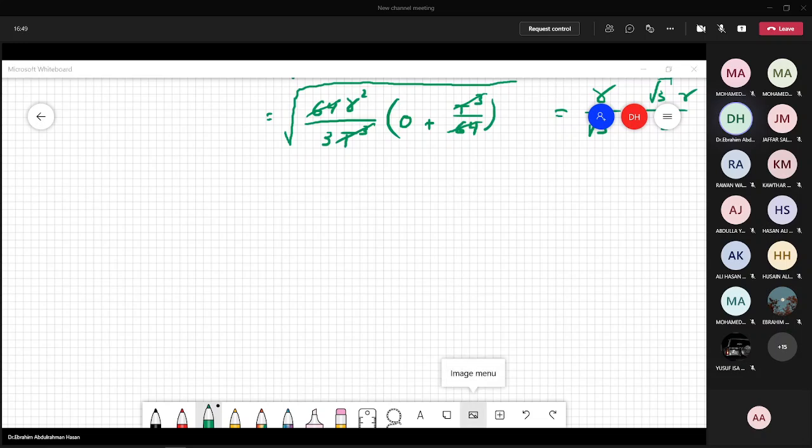So by this way, the property first one is the instantaneous value for any signal.